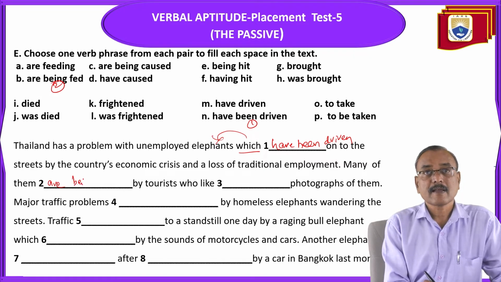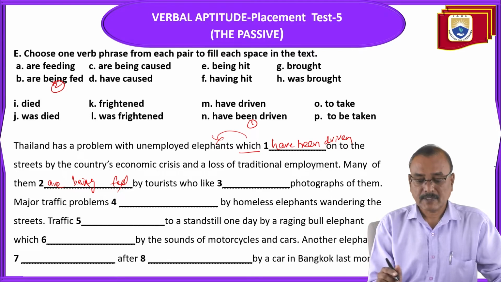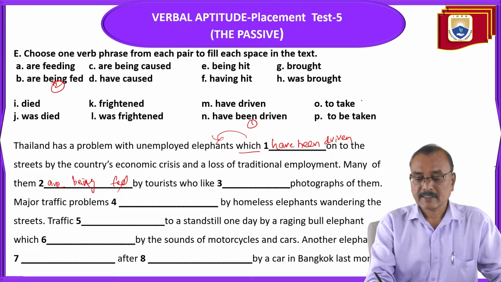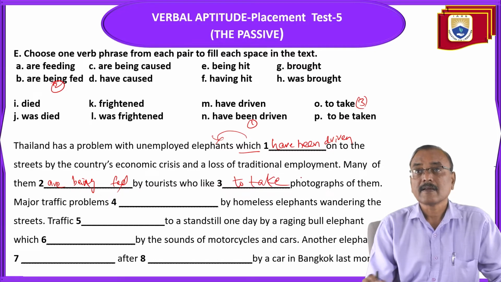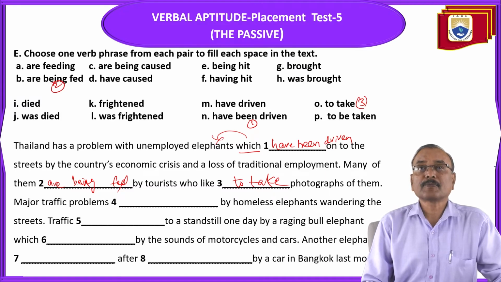Many of them are being fed by tourists who like to take photographs of them. This is 3. To take photographs of them. Major traffic problems plural.